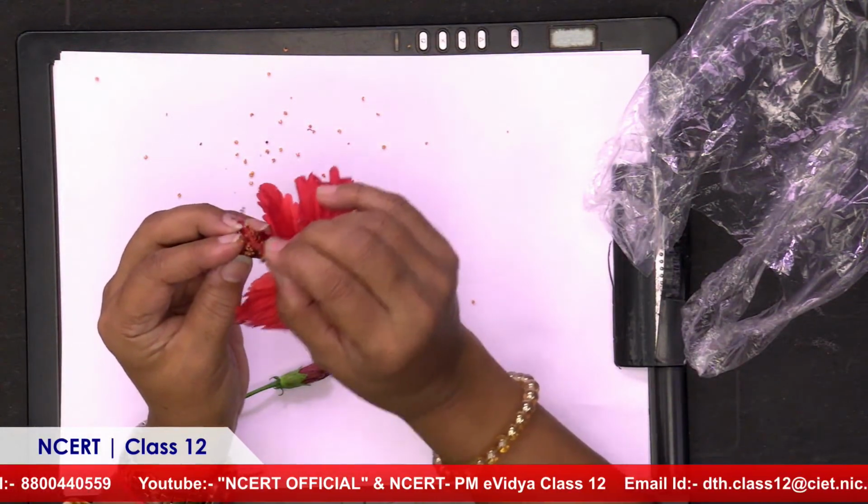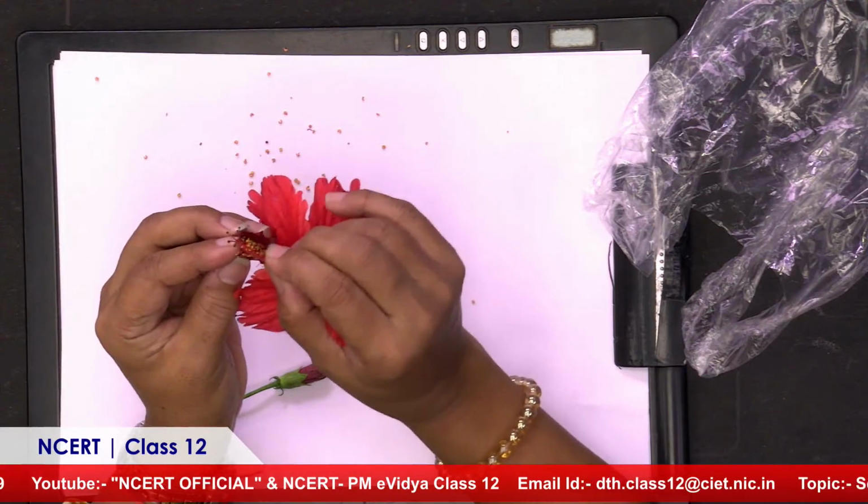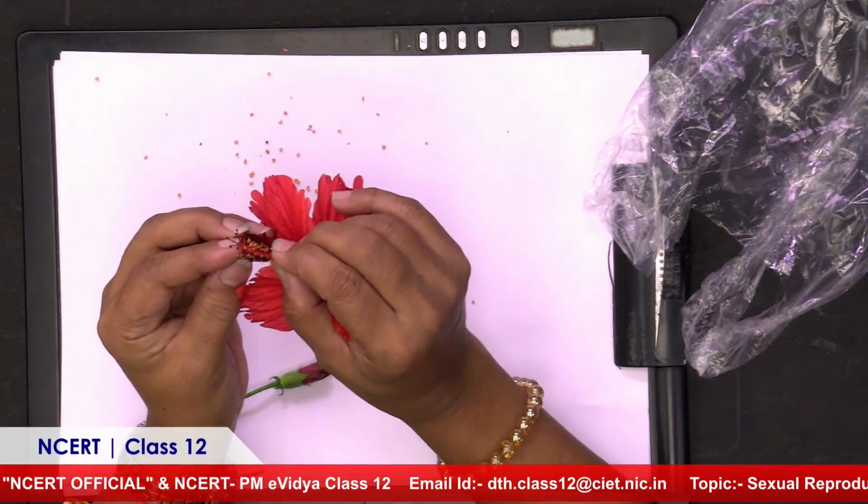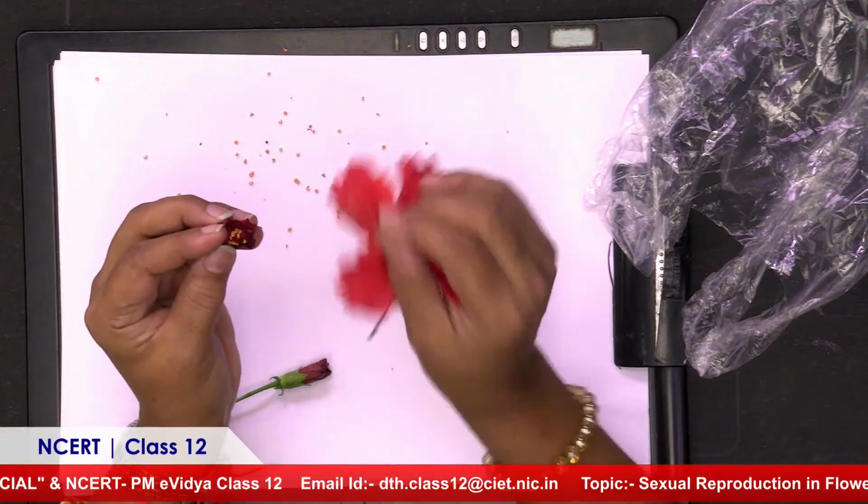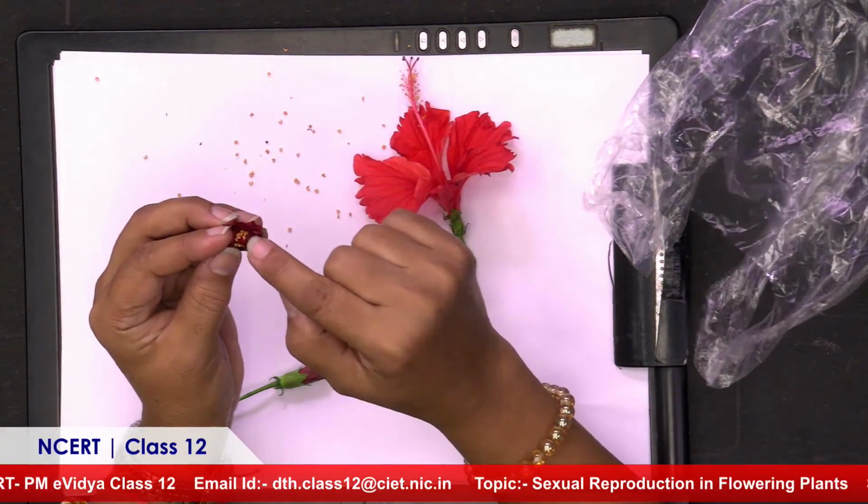Clear? Okay. So what is the target of doing this activity? So that the desired pollen grain can attach on the stigma of this flower.